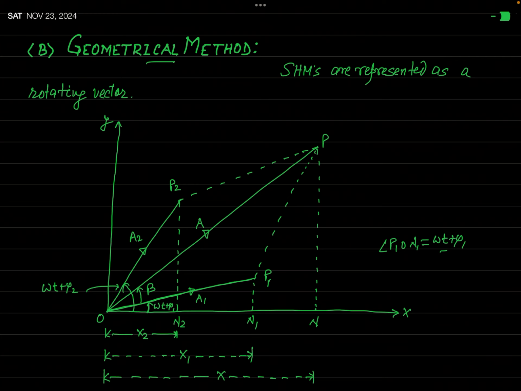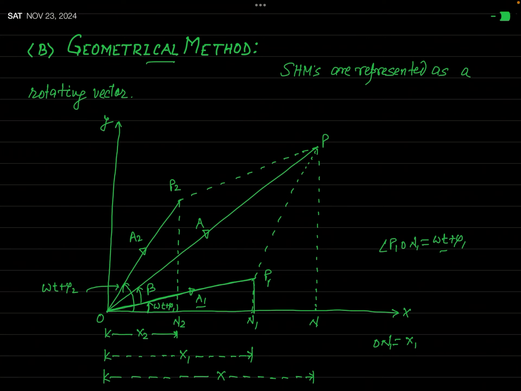Now you can see when you draw a perpendicular from P1 to the x-axis, the perpendicular falls at N1. I have shown in this figure that ON1 is equal to x1. What is this x1? It is simply the projection, or the component, of vector A1 or OP1 along the x-axis.